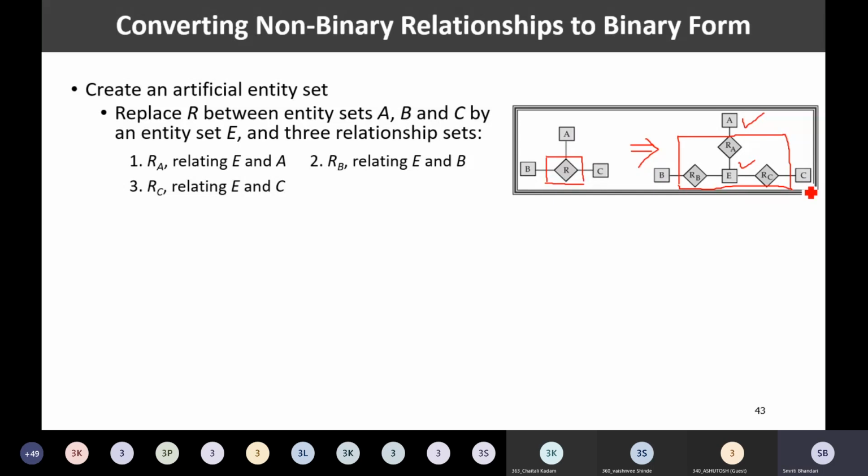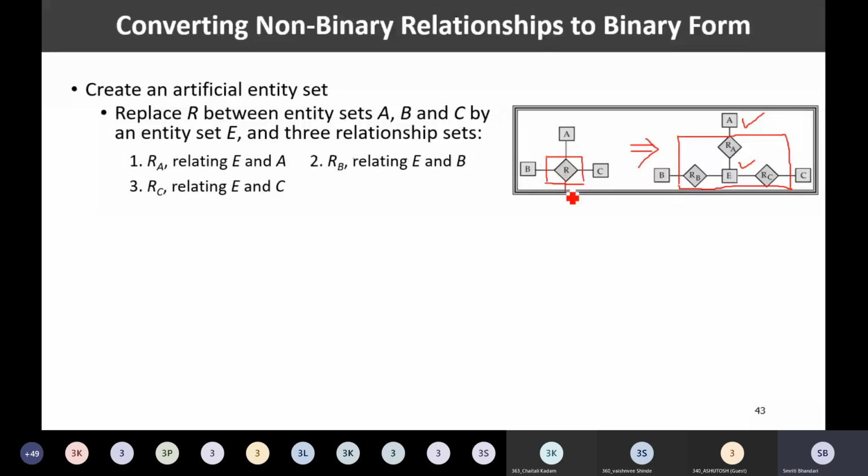Okay, now what next I'll be doing? I want to model this in this form now. So what data am I storing here in this relationship set R? I'll be storing the primary key of A, primary key of B and primary key of C here.